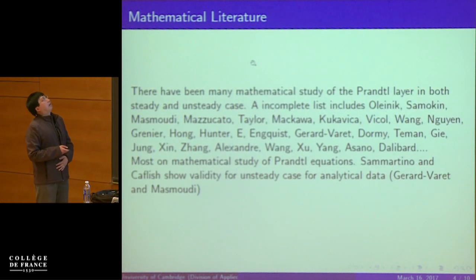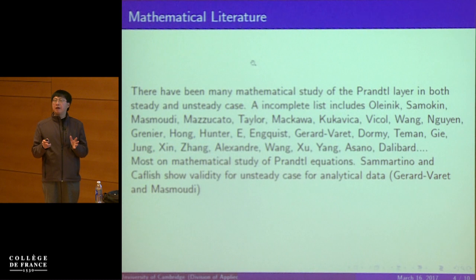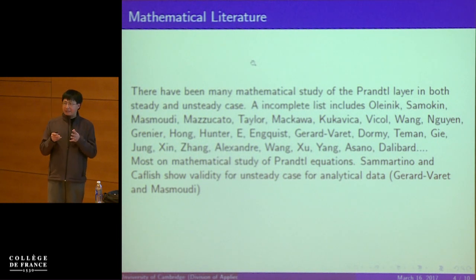Well, there has been a lot of mathematical work on the general area of the Prandtl theory, due to its importance, starting from Oleinik. Many people have worked on that. But I would say most of the work concentrates on the solvability of the Prandtl equations, whether or not you can solve the equation. So our emphasis is different.